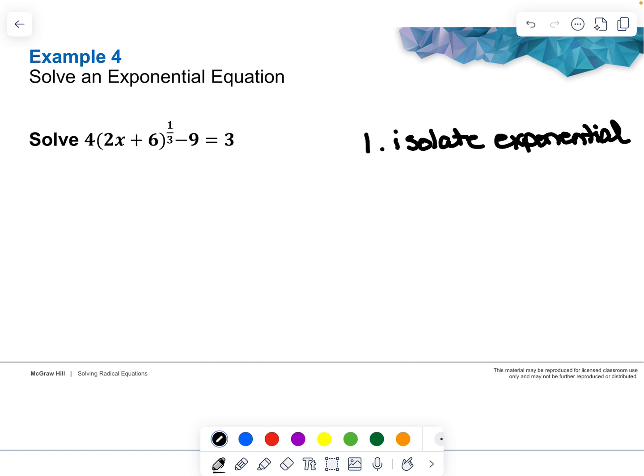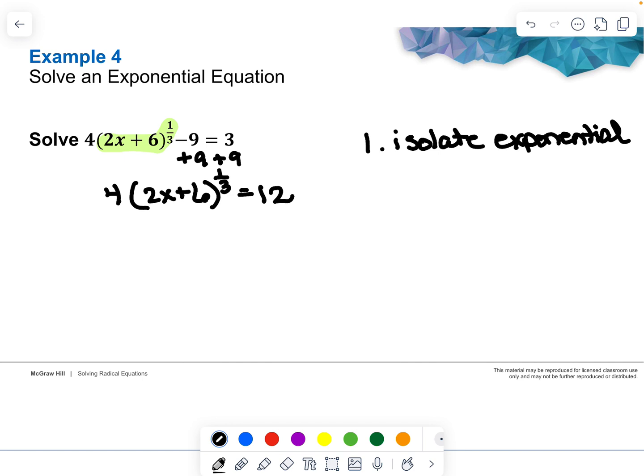And so in this case, I want to get this part by itself. So I'm going to need to take care of order of operations backwards. First step, we will add 9. And that leaves me with 4 times the quantity of 2x plus 6 raised to the 1/3. 3 plus 9 is 12.